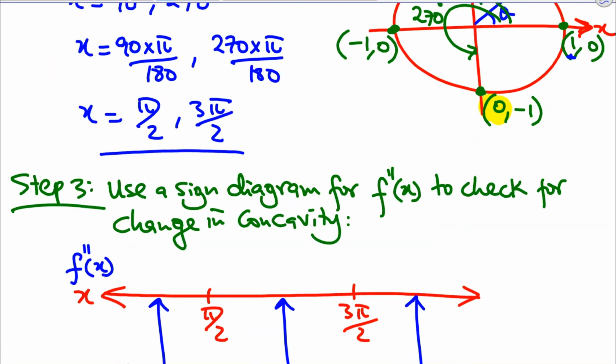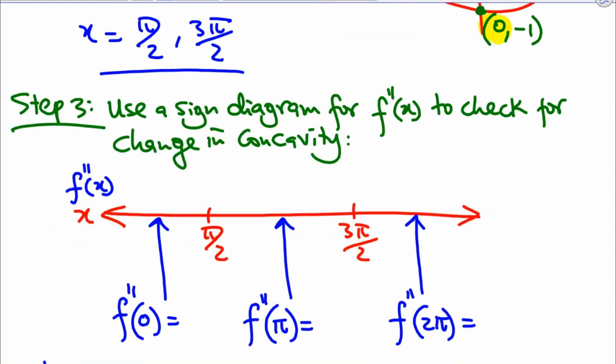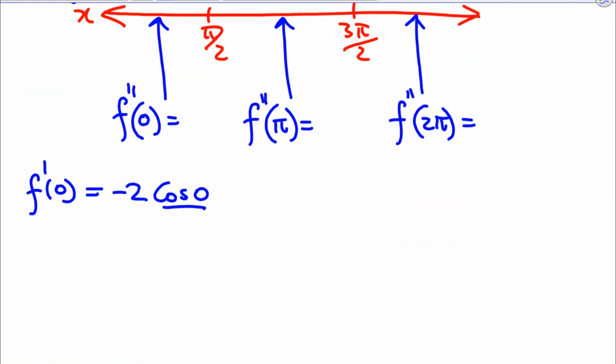Why? Because if you go to the unit circle, you can see that when theta is 0, cos 0 is equal to 1. So that will be equal to negative 2.